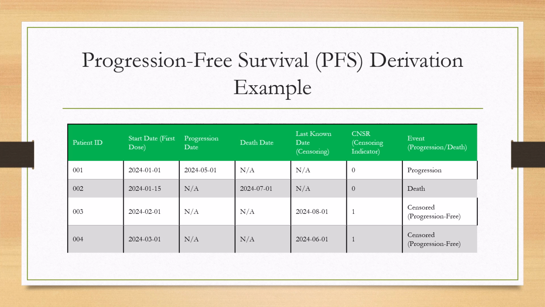The third subject did not experience progression or death, so this was marked as censored, and the last known date for this subject was 1st August 2024. Same is the case with the fourth subject, who did not experience death or progression, and the last known date was 1st June 2024. So for both these last two subjects, the censor variable is marked as 1.